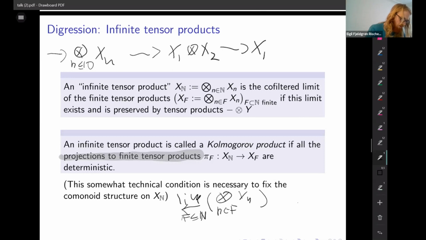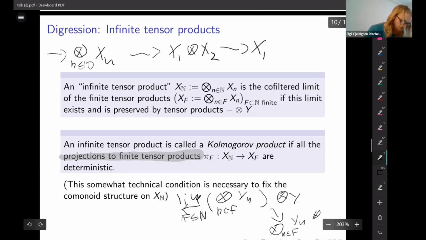Then I can tensor this with some Y, and just by tensoring the projection maps, this is going to have maps down to the tensor of X^F with Y. I want to say that that diagram is also a limit diagram, so that you can pull this tensor Y into the parenthesis essentially.